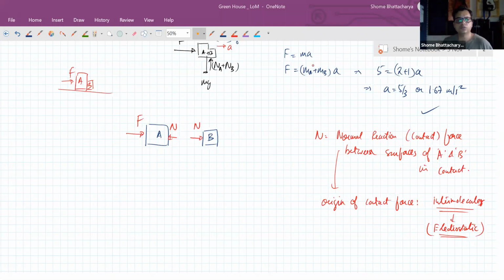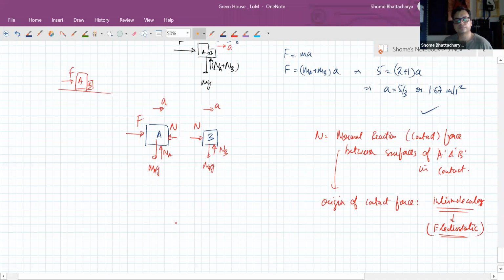Okay. So now we know that this guy also has a horizontal acceleration, A. This guy also has a horizontal acceleration, and of course, the weight of this one is balanced by the ground's normal reaction. Okay.